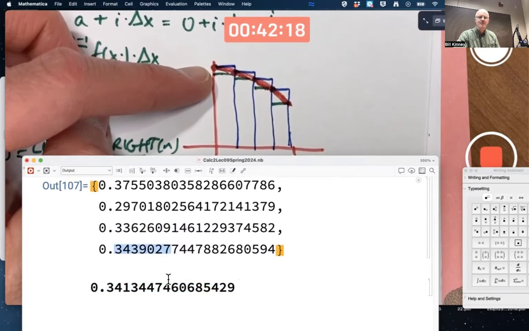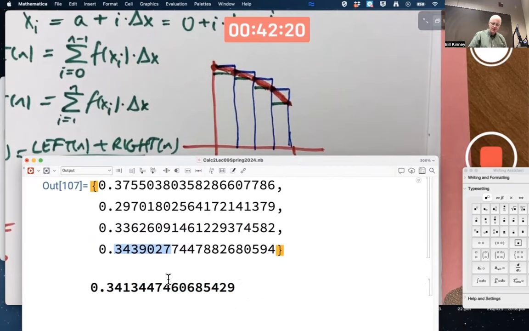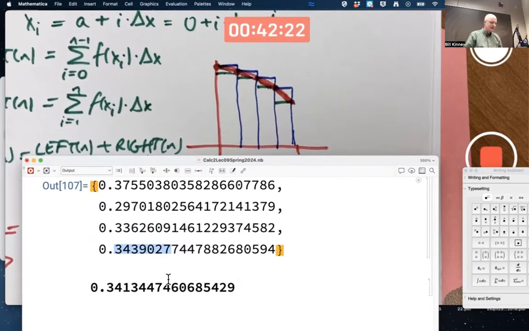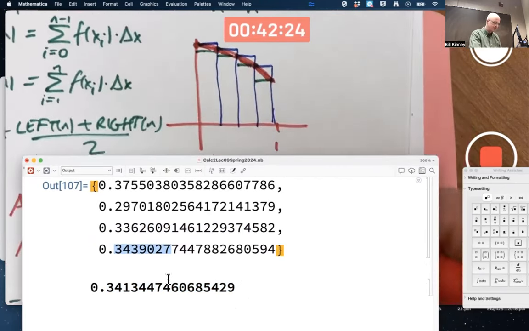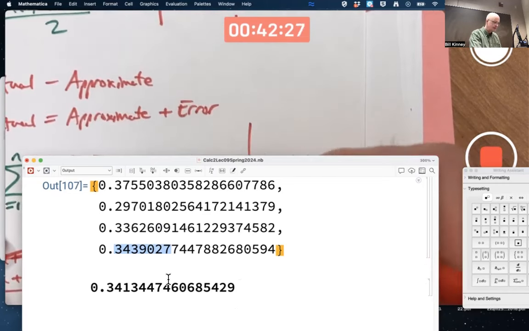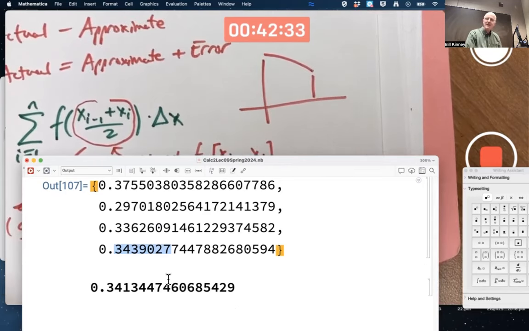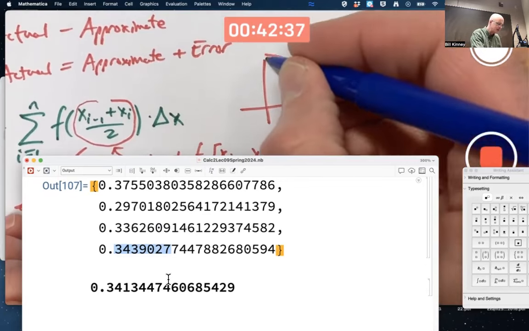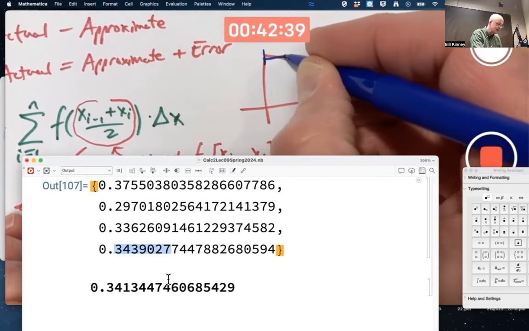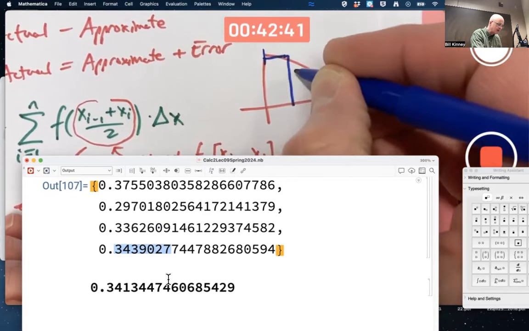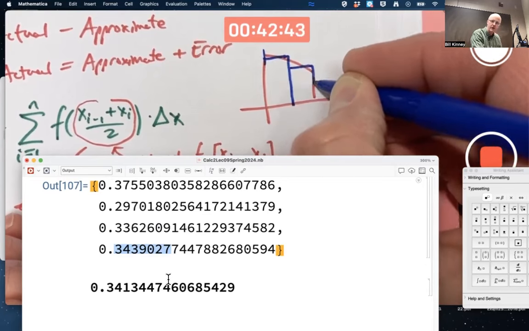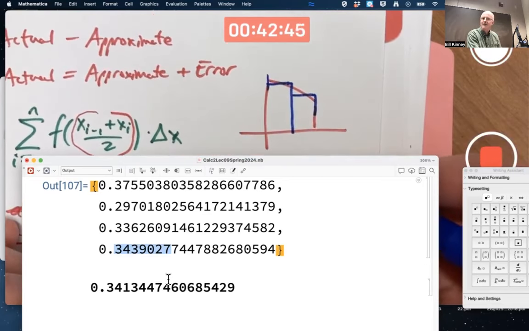Why is that? Without giving you an explanation, the midpoint rule can also be thought of as areas of trapezoids, actually. But they're not the same trapezoids as the trapezoid rule. And we don't think of them as trapezoids initially. We think of them as rectangles that come from using the midpoint, like when n equals 2, looking like that. But you'll see this in the reading in the book.